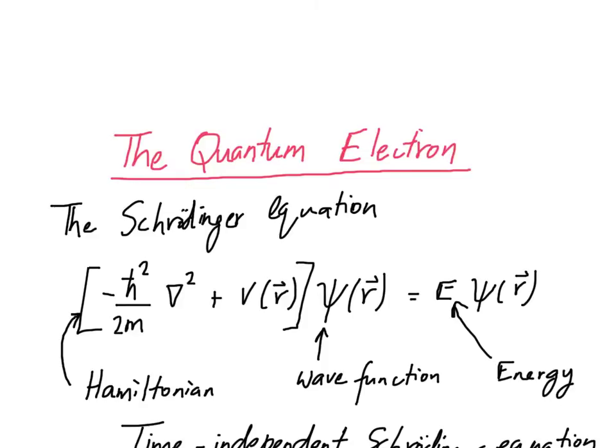For the hydrogen atom problem, we have to choose our V appropriately, right? So the electron in our hydrogen atom is actually bound to the nucleus through electrostatic forces. So the potential energy of our electron is going to be determined by that attractive interaction between the nucleus and our electron.